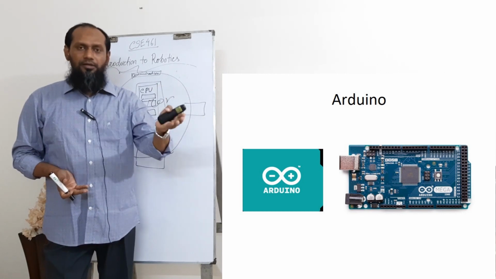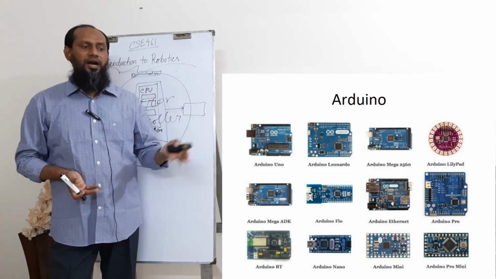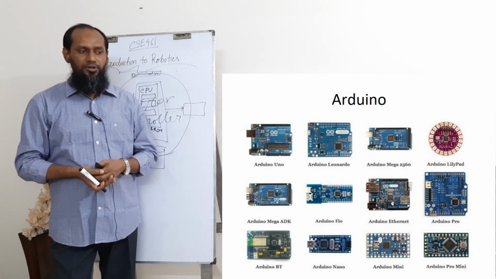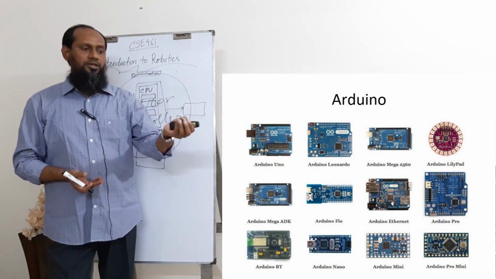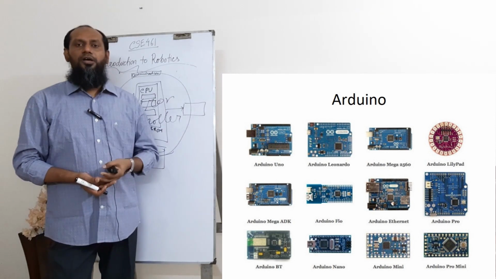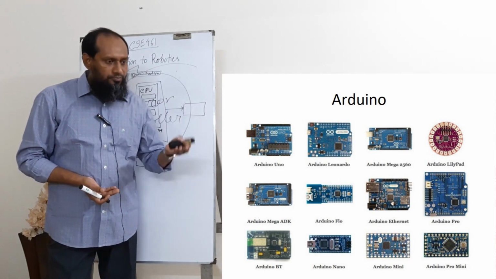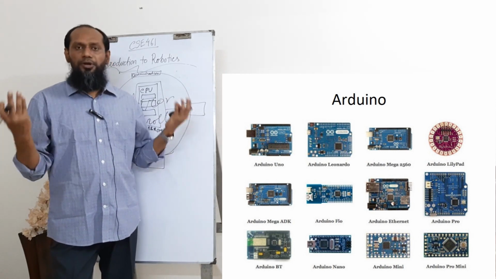The same microcontroller is used in Arduino, but there are a number of types of Arduino, depending on our application. Okay, so if we use a very small robot, then we can use a very small Arduino. There are Arduino Nano, Uno, okay, Arduino Mini. Okay, there are small size Arduino or big size Arduino, depending on our choice.